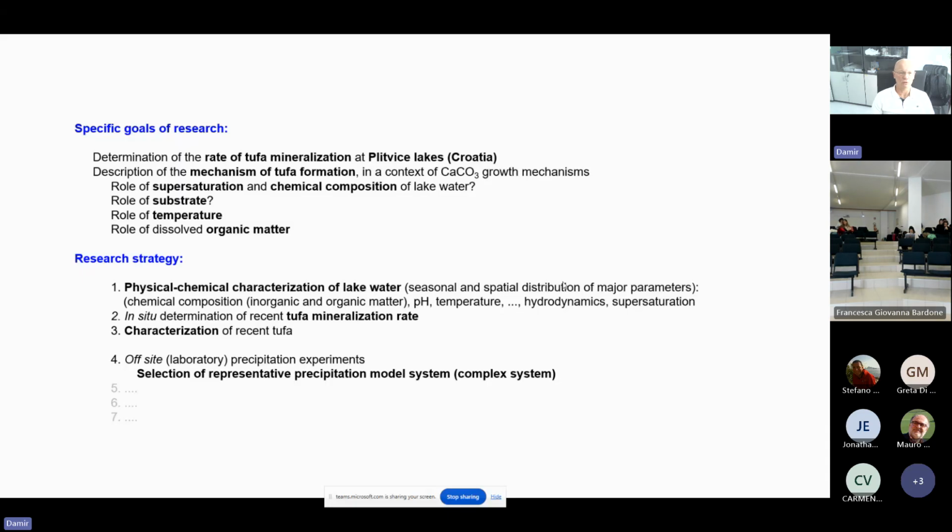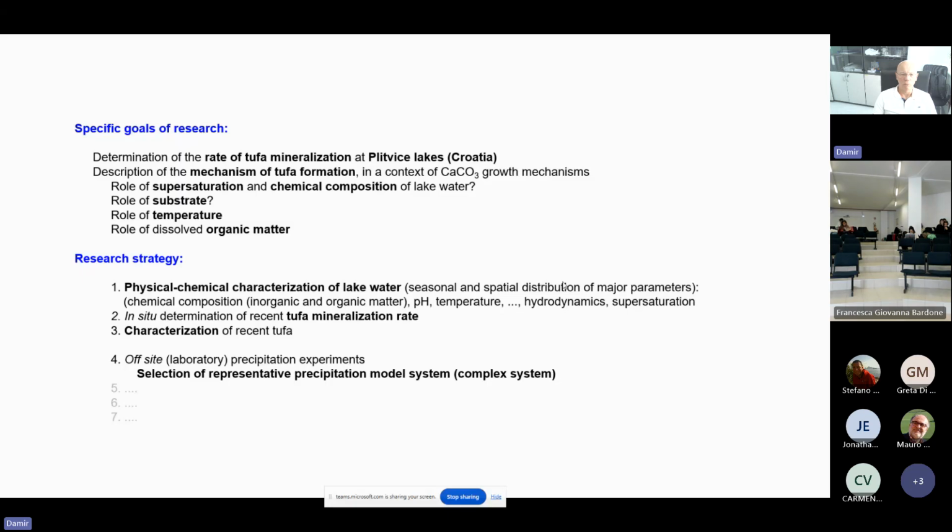Our research strategy assumes first screening experiments and physical chemical characterization of lake water. Actually, first we try to make a physical chemical characterization of lake water and in situ determination of recent mineralization.